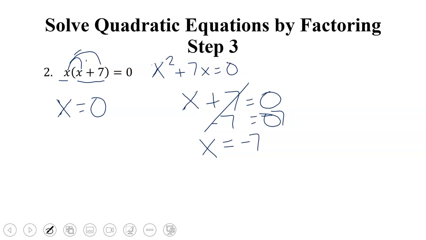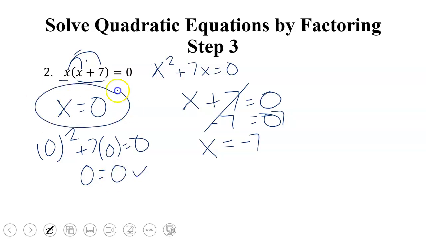Now let's plug in our x's. So instead of x, we're going to put a 0. So 0 squared plus 7 times 0 equals 0. 0 equals 0. That is correct. So 0 is one of our solutions. And then let's plug in negative 7. So instead of x, we're going to do negative 7 squared plus 7 times negative 7 equals 0.